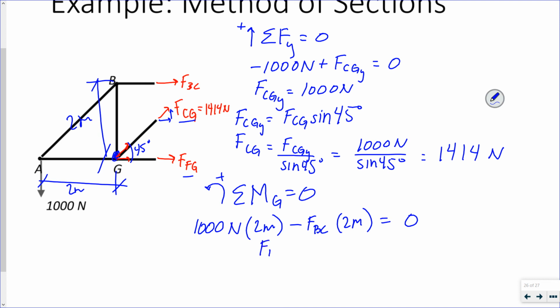So FBC is 1,000 newtons, and it's in tension, right? CG was in tension, BC is in tension.